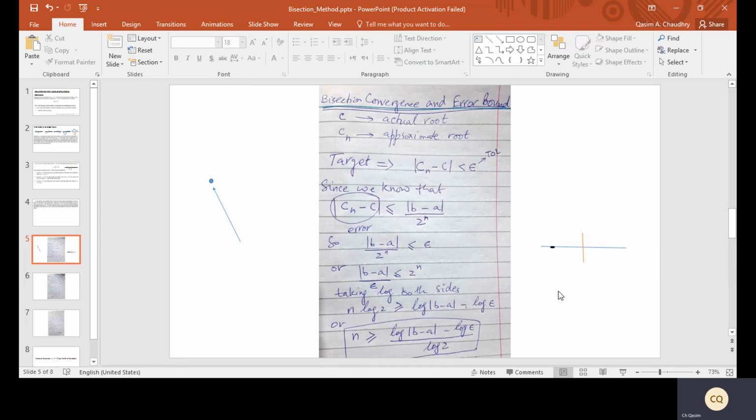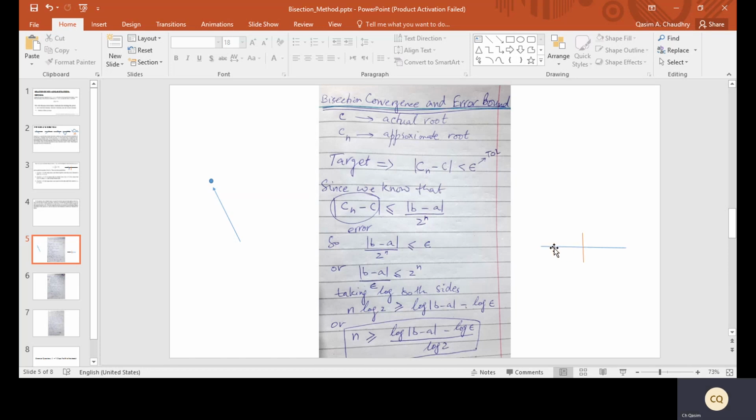First of all, the interval was this blue line, the whole interval. Now you have considered the half value, so you are considering that this is your approximate root. So students, this difference is definitely less than this half.